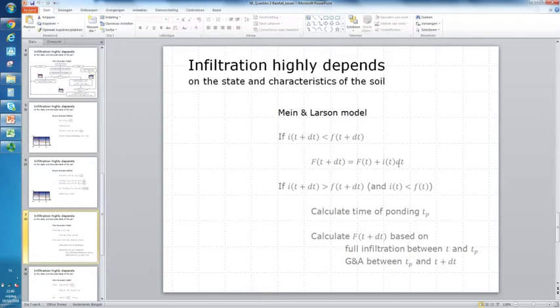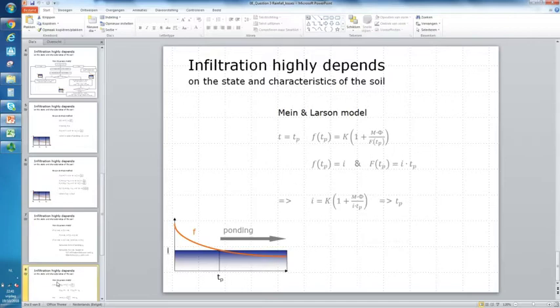In case there would be ponding during the interval, there are methods to calculate the time of ponding, Tp, which will be somewhere in the middle of the interval, and we know that before we have full infiltration, so we can actually use this formula, and at the end, after Tp, the time of ponding, we need to apply gradient.